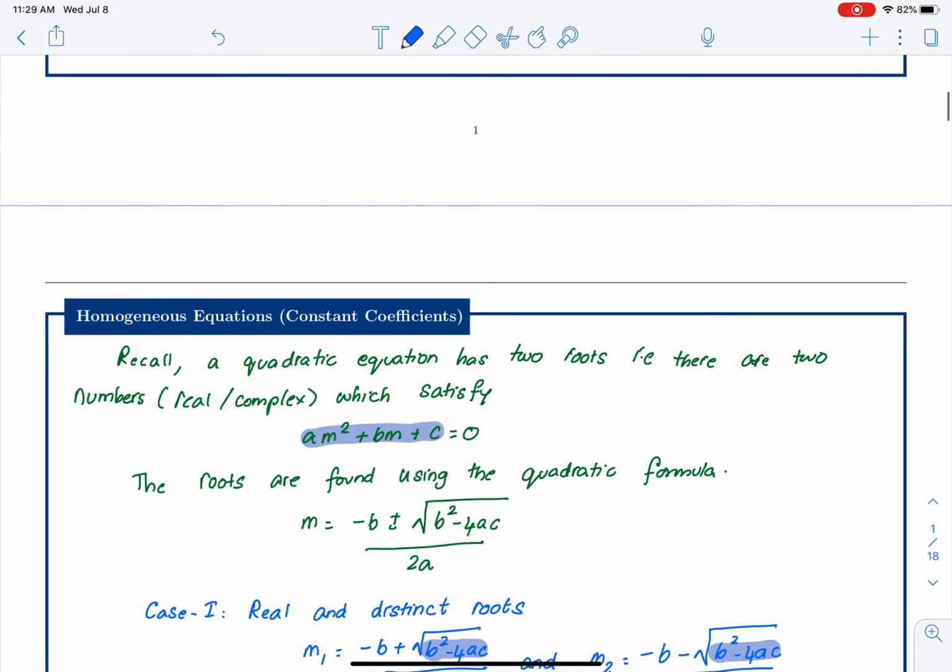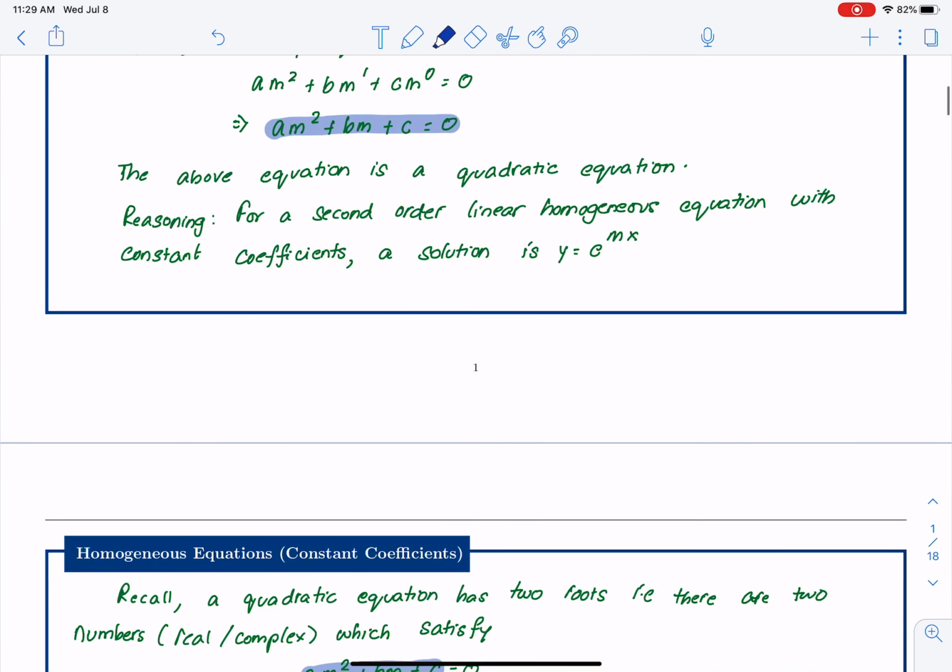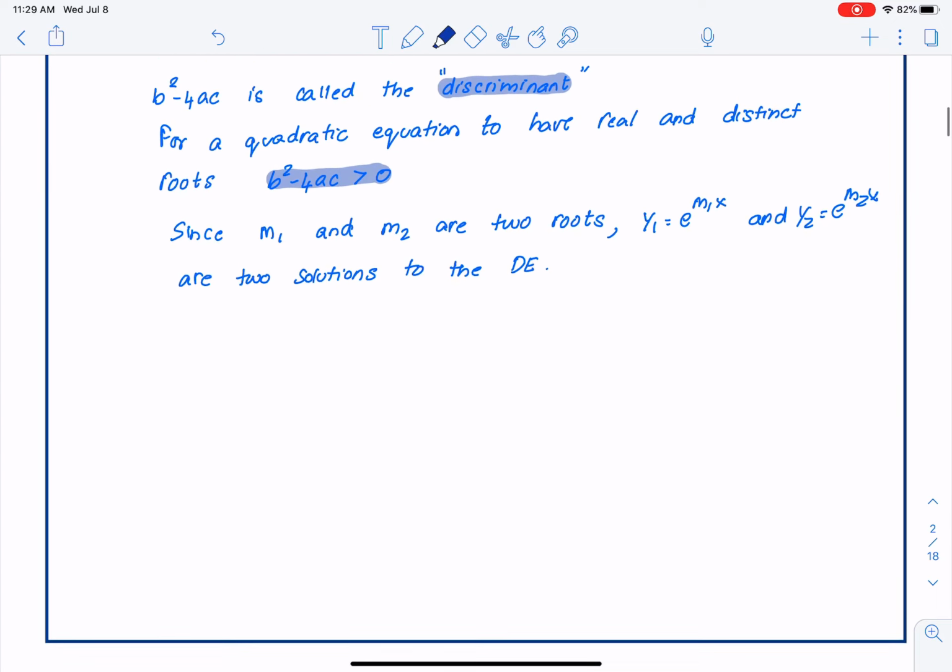So if we go back up here, I already suggested that if we have a linear homogeneous equation of second order with constant coefficients, a solution would be y equals e raised mx. And what is that m? M is any value that would satisfy the quadratic equation am squared plus bm plus c equals 0. So the two solutions are y1 equals e raised m1x and y2 equals e raised m2x.